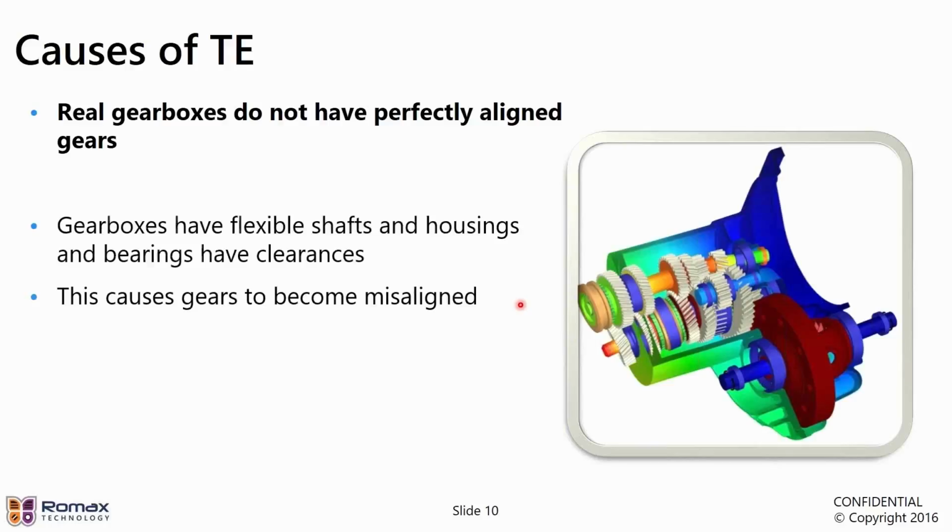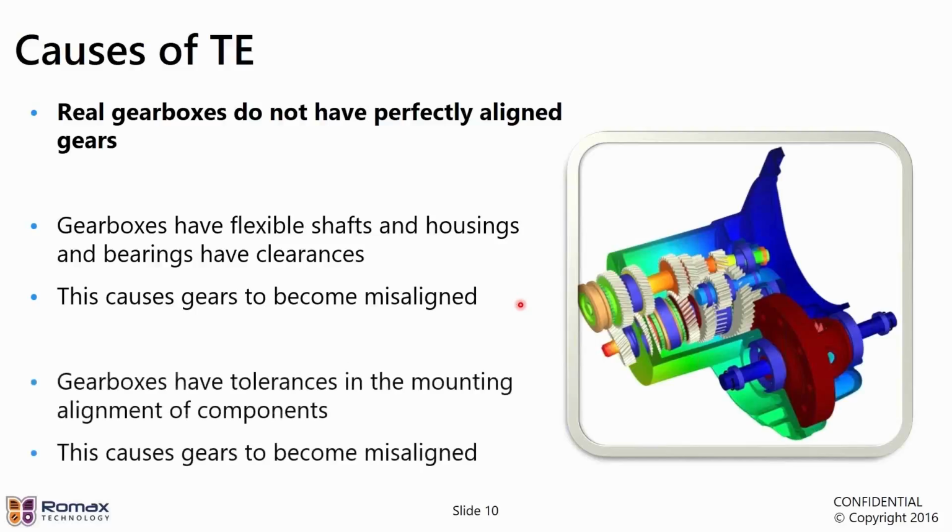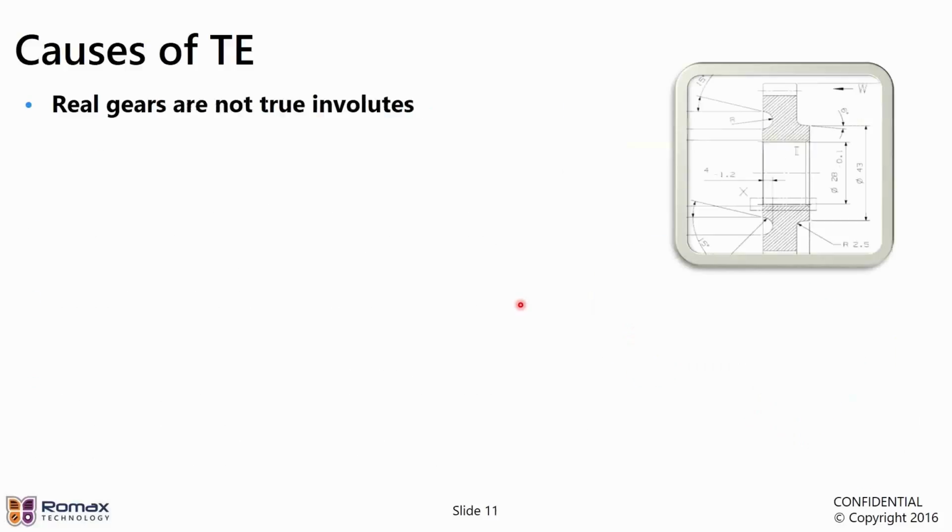The housing obviously is not perfectly rigid, and things like bearings have clearances, all of which add up to produce misalignment in the gears. Also, gearboxes have tolerances in the mounting and alignment and manufacture of components, and again, these all add up to cause additional misalignment.